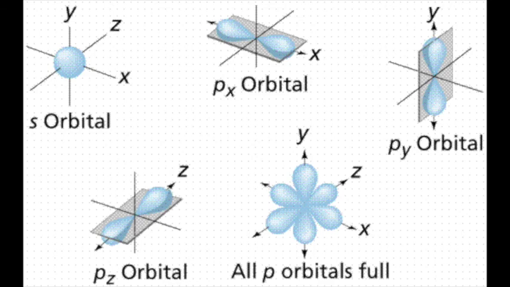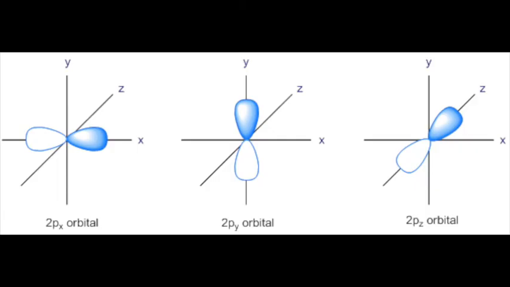In the p level, there are 3 axes: x, y, and z. Each axis can hold up to 2 electrons. And so in total, the p level can hold up to 6 electrons.